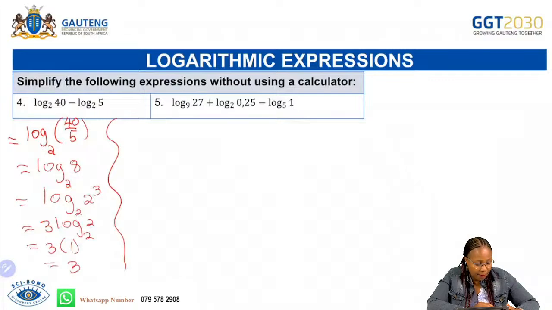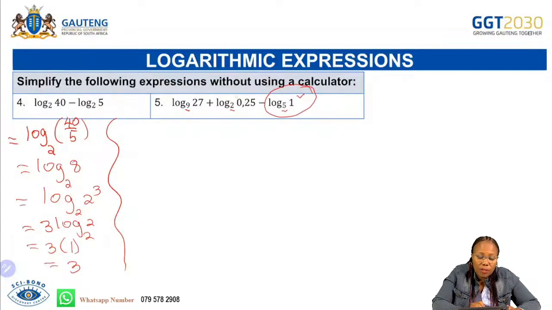And then the number 5, the challenge here, we look at the bases now, they are not the same. It's base 9, base 2, log 5 base 5 there. But we know that the log of 1 is 0. For this part, we know the answer is 0 there. So now we'll concentrate on this 2. If the bases are not the same, you use the change of base method.